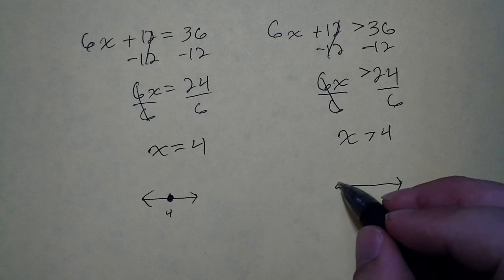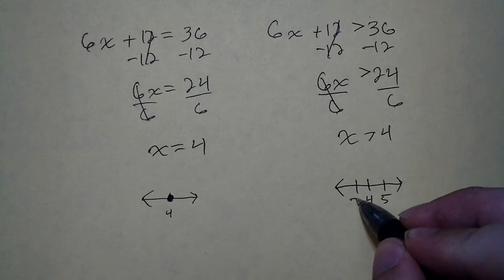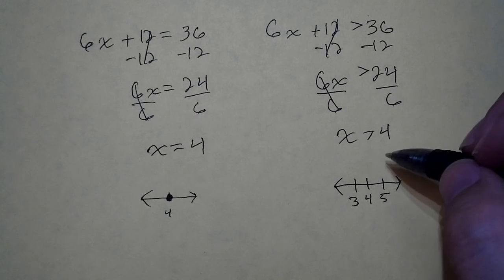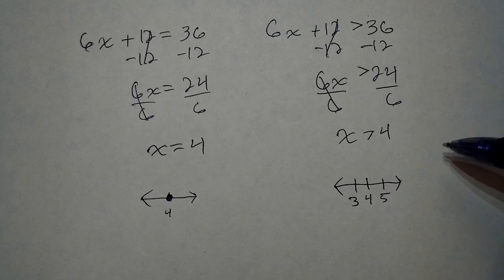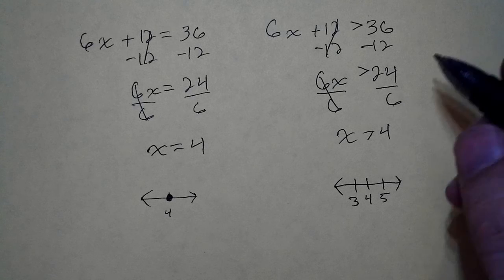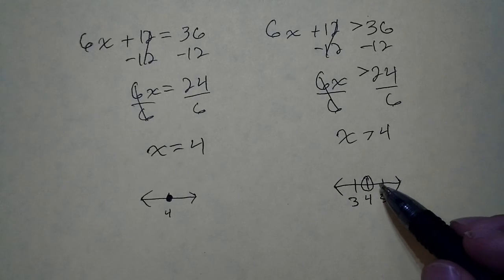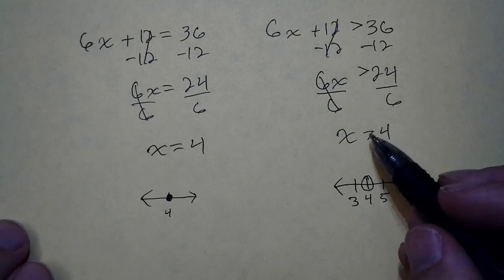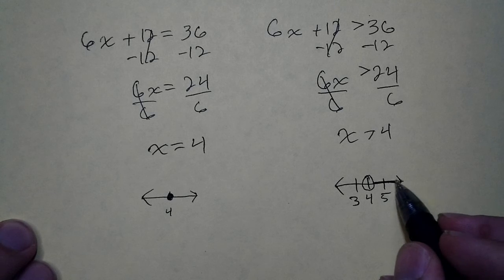So if we think about it like that, let's say we had 4 here, let's say 5, 3. So 4. Everything greater than 4. So is 4 included as a response? No, it's not. So that would be like if we focus on 4 but it wasn't included. However, since x is greater than 4, everything greater than that is included.